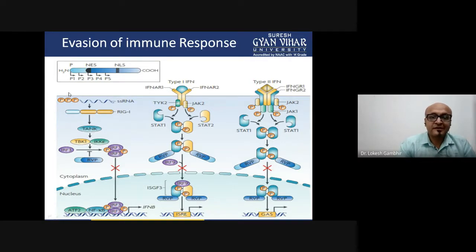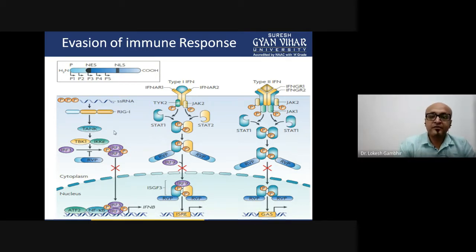The moment the single strand RNA is released inside the cell, it is recognized by the RIG protein, which by multiple kinase pathways leads to the activation of interferon regulatory factor. This interferon regulatory factor goes to the DNA along with other stimulated immunoregulatory transcription factors like NF-kappa B, and these transcription factors lead to the formation of interferons, type 1 and type 2.